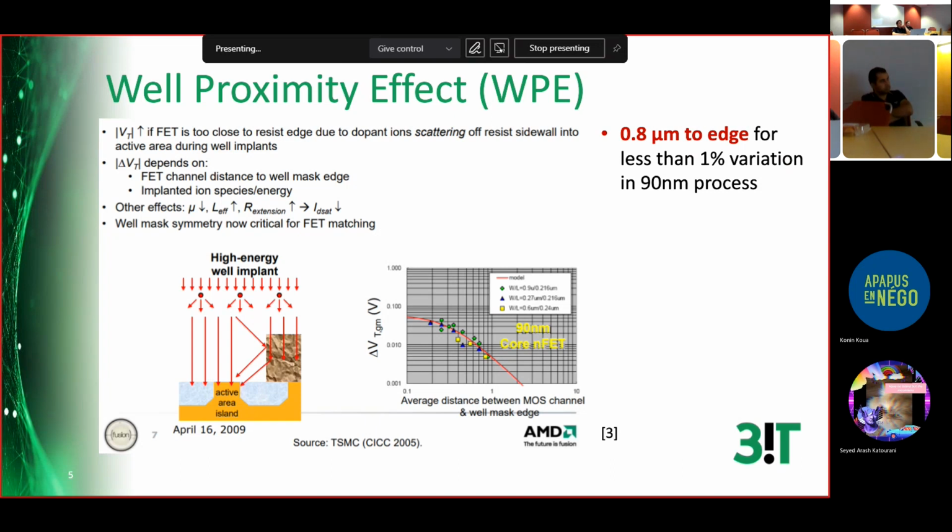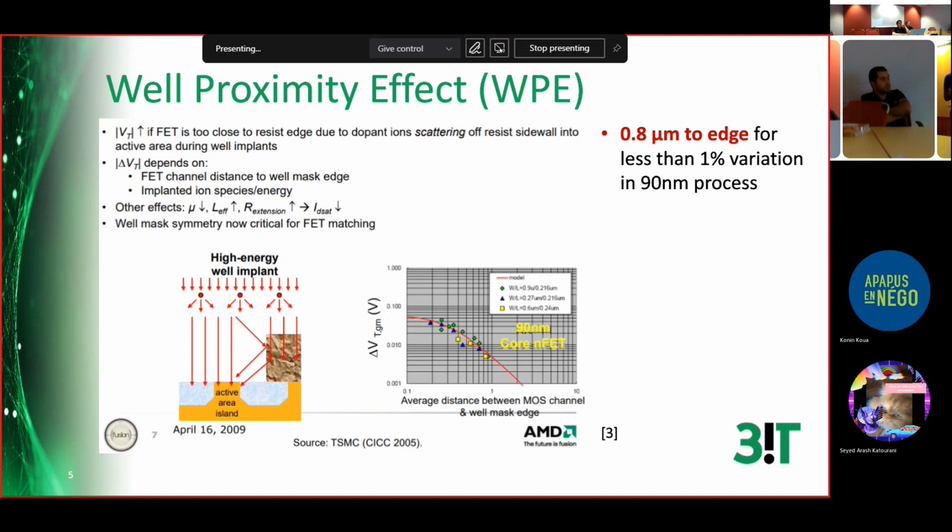You need to fill whatever space there is. You cannot have empty space. For some technologies, for example 180, there was only global density. But the lower you go in technology, you have local density. So for example, in an area of 5 by 5 microns, you need to have a certain minimum density.